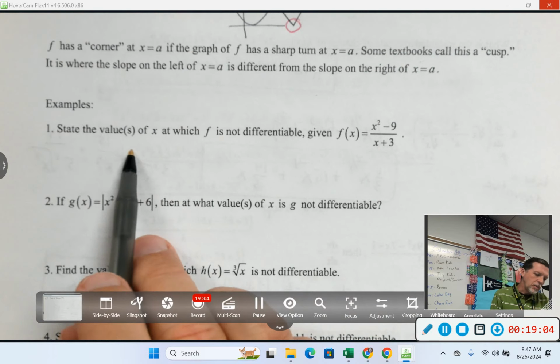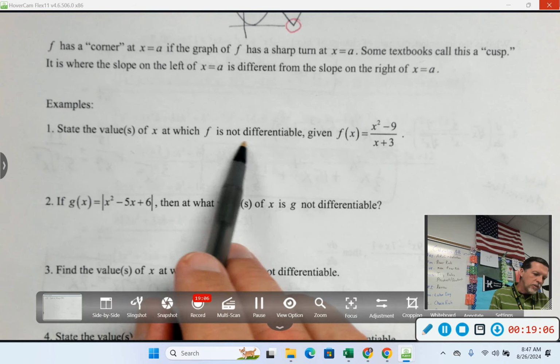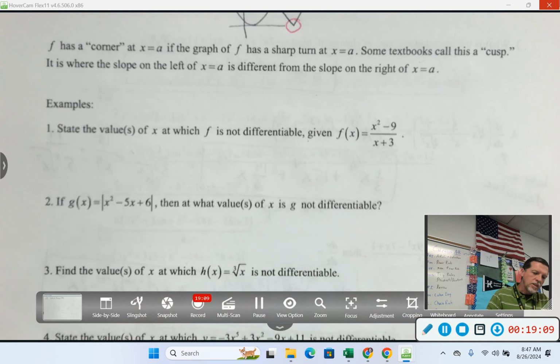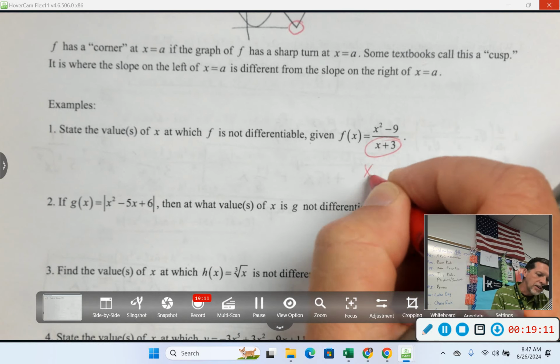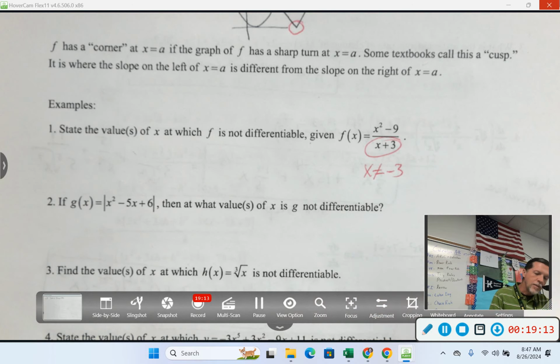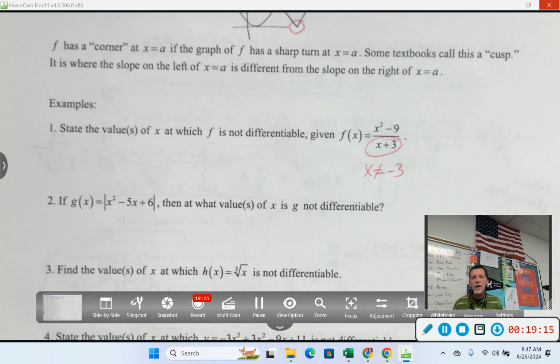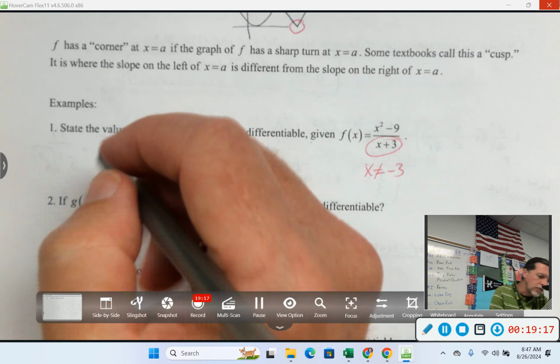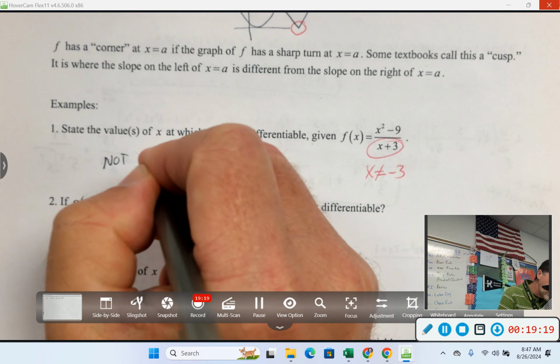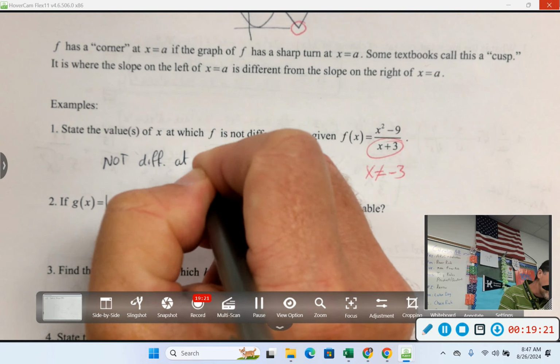Okay, some examples. State the values at which f is not differentiable. Well, right away I see a denominator. X can't be -3. That would mess the thing up. So it's not differentiable at x equals -3.